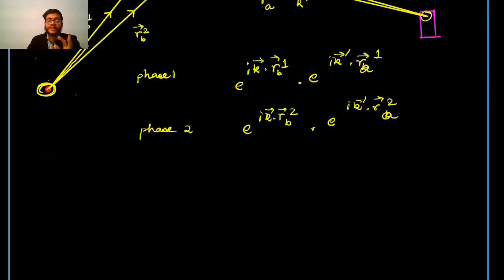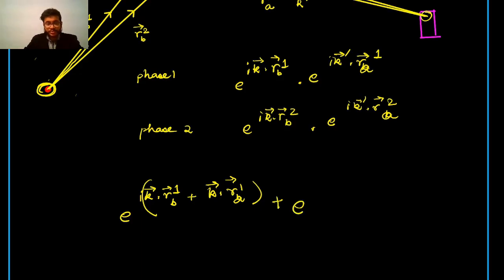So if we actually see what the phase is, it will be e to the power i (k dot rb1 plus k prime dot ra1) plus e to the power i (k dot rb2 plus k prime dot ra2).